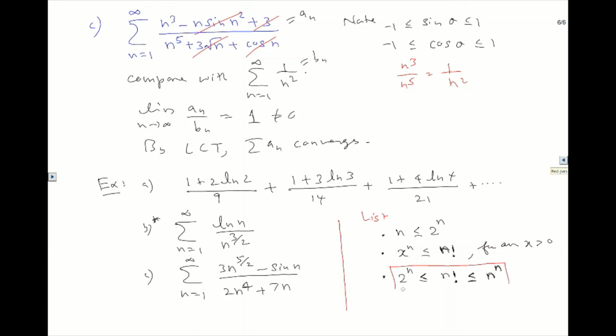It is very useful when you want to prove certain results using the direct comparison. Okay, so this is the end of the direct comparison test and the limit comparison test.